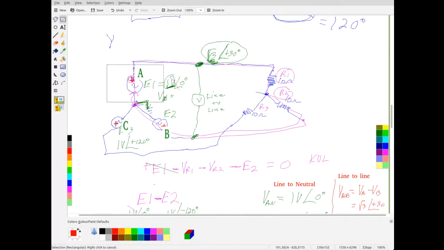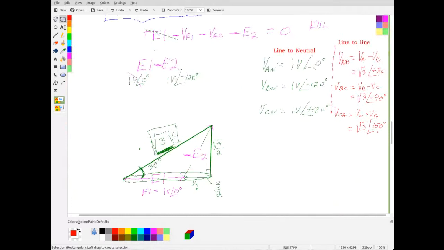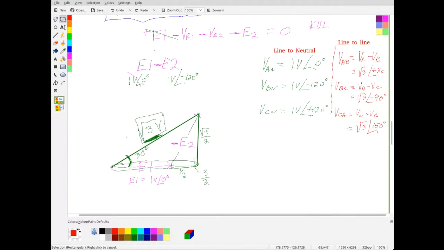If you were just measuring it to ground here, or measuring it from line to line, the square root of 3 piece comes from the phasor diagram. That comes from Kirchhoff's voltage law and doing the trigonometry.